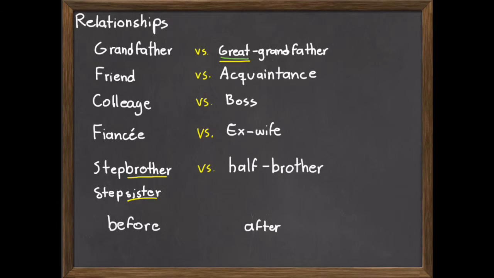Following that logic, your stepbrother would have no blood relationship with you, but your half brother is half related to you. Okay, I hope you can understand these words better and can differentiate between these types of relationships with other people. Now let's look at the next part.